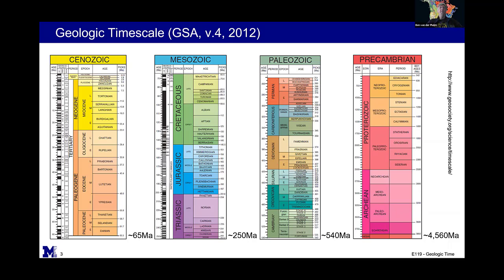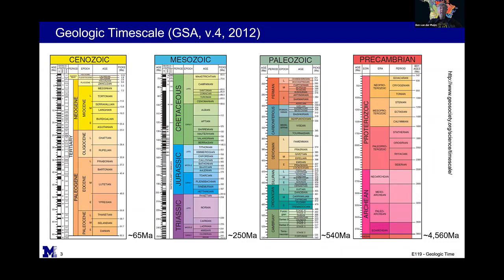This is not the class to talk about that, but you need to have a sense. 65, 250, 540, and 4560. These numbers should be in the back of your mind. It makes geology the amazing feature that it is. We'll look at features characterized by Cenozoic and Mesozoic history of North America, Paleozoic history, and the Precambrian history. That's how we're going to break up this class as we talk our way through these features.